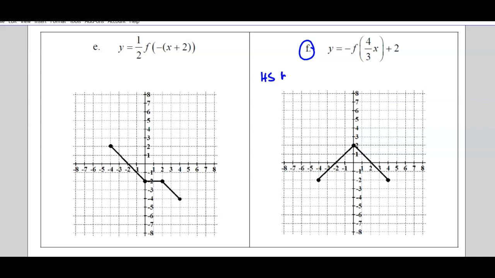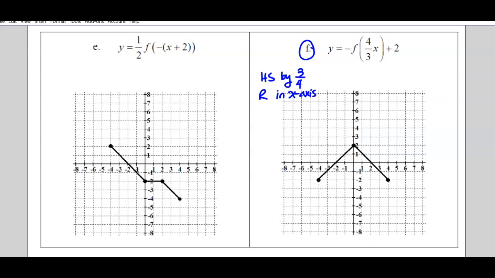So horizontal stretch by, and remember, that coefficient is 4/3. So we take the reciprocal, it's 3/4. Right, guys? Then reflection, changing the sign of y is in the x-axis.